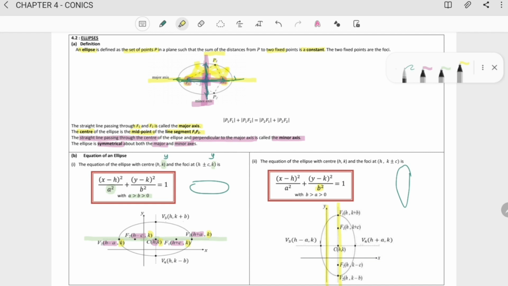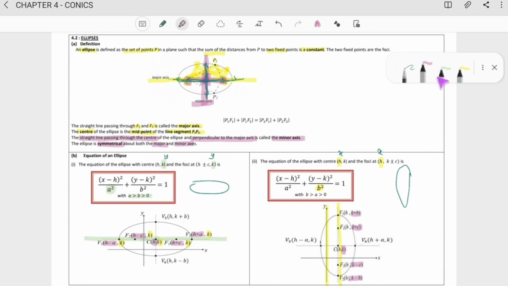The X coordinate is the same for the foci and the center. The value of K, the Y coordinate, will change. Then we know it is a vertical ellipse.